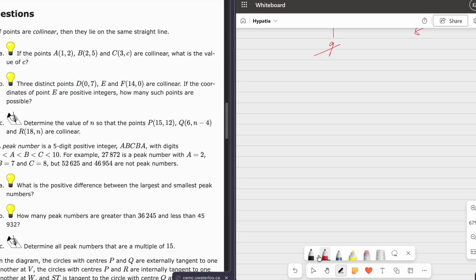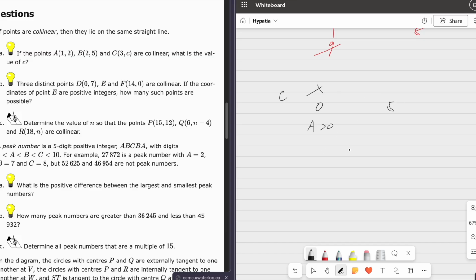For the last one, C: determine all peak numbers that are a multiple of 15. Since the peak number is a multiple of 15, this means the number is either ending with 0 or ending with 5. But since A should be bigger than 0, 0 is not possible.